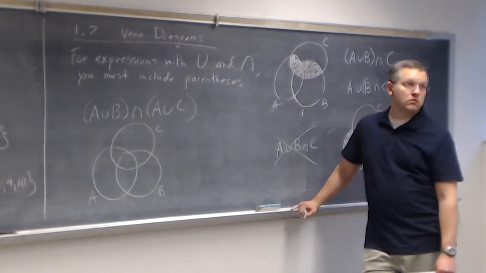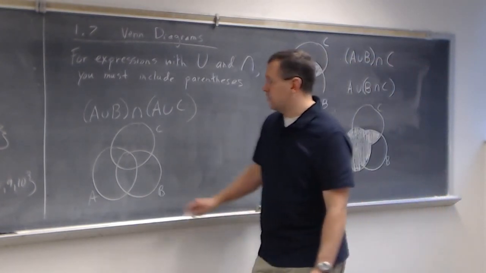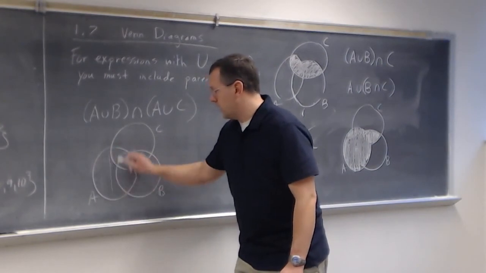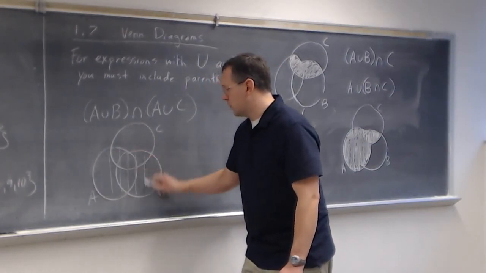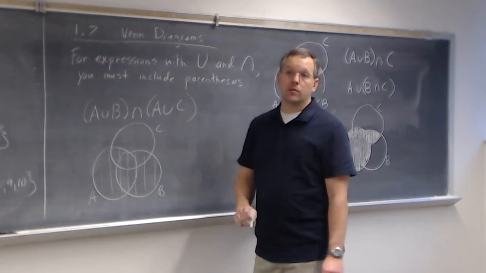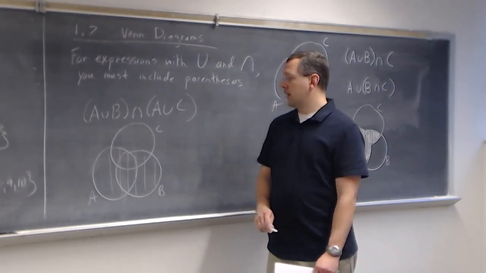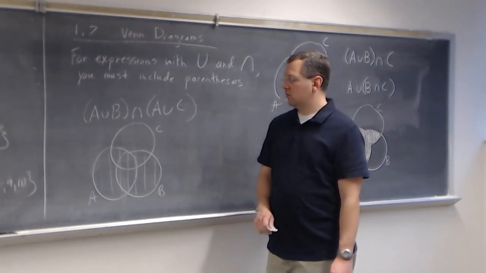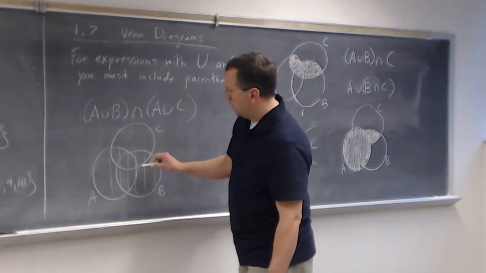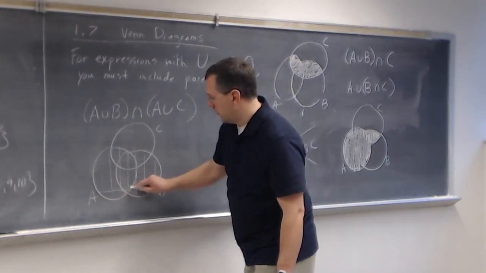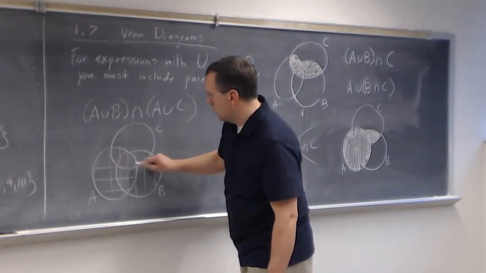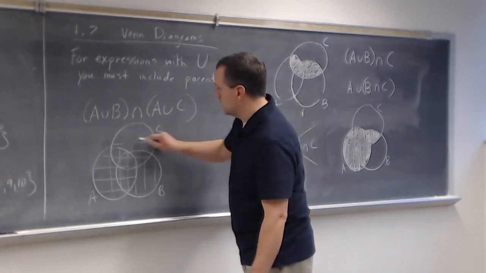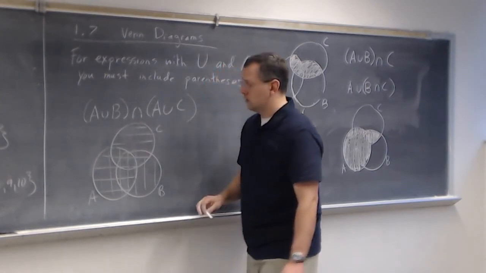So A union B, right? I'm going to shade in everything in A or in B, and we use vertical lines. There's A union B. What does A union C look like? Well, I'm going to shade in everything that's in A or in C, so horizontal lines.